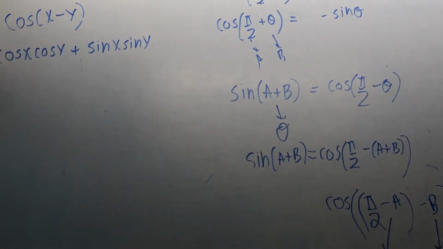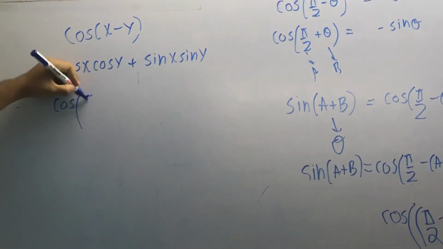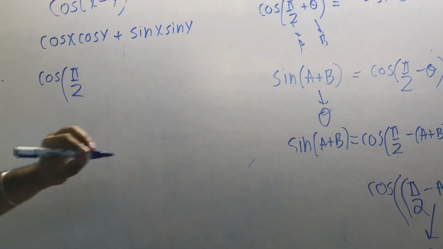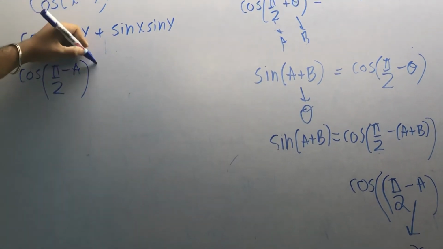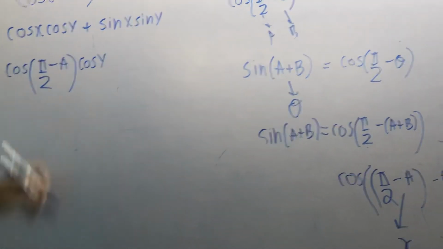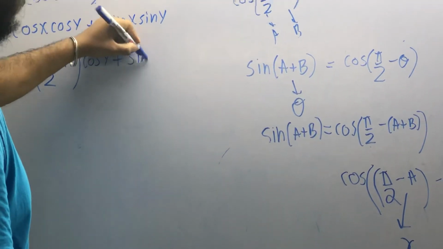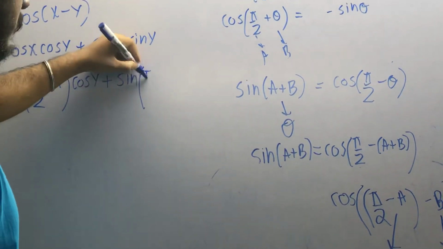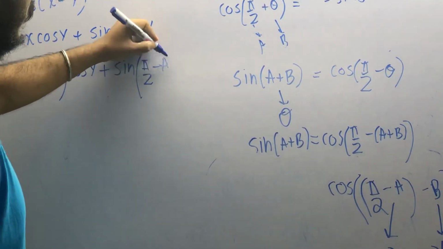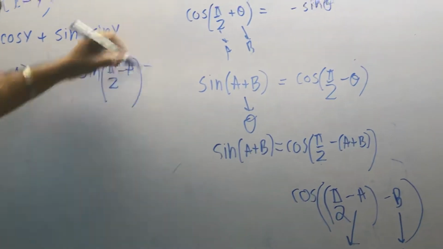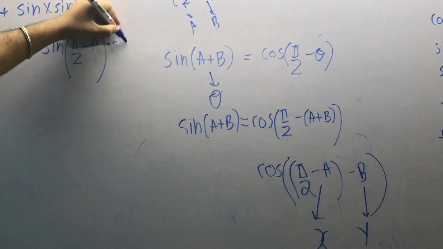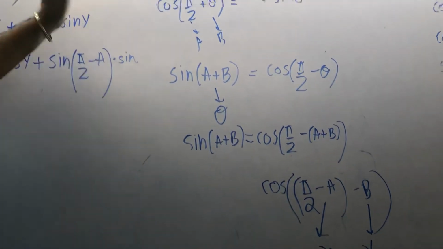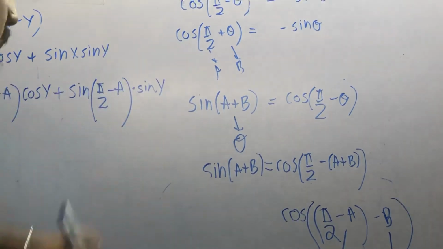So this is cos pi by 2 minus a, where x is pi by 2 minus a, cos y, plus sin pi by 2 minus a into sin y. That is b.